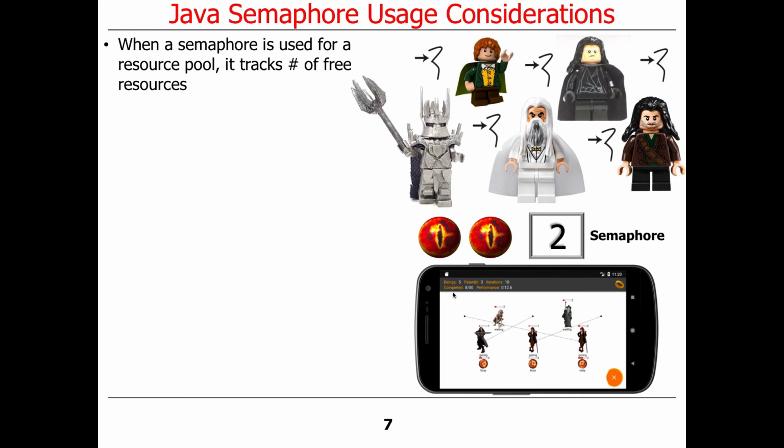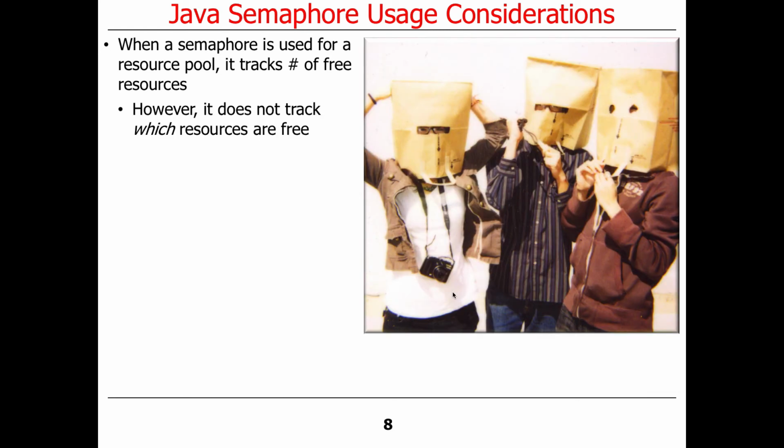When you use semaphores to coordinate access to a resource pool, such as our good friend the Palantiri, it does a very specific thing. It tracks the number of free resources, so it tells you how many are available. However, a single semaphore by itself does not track specifically which resources are free.